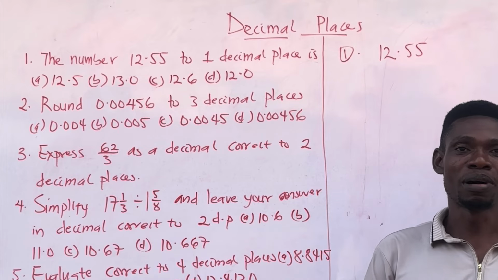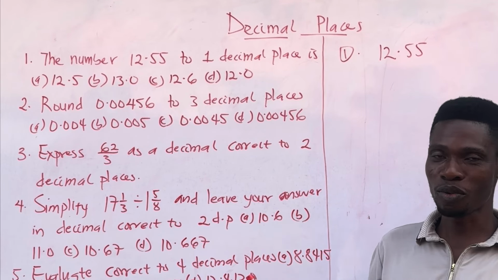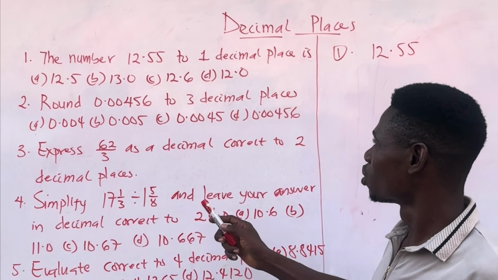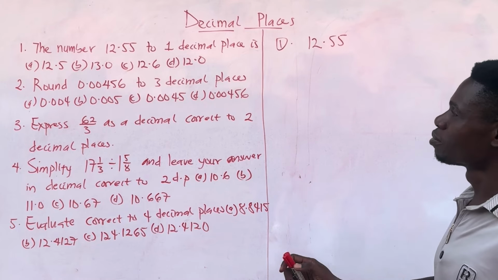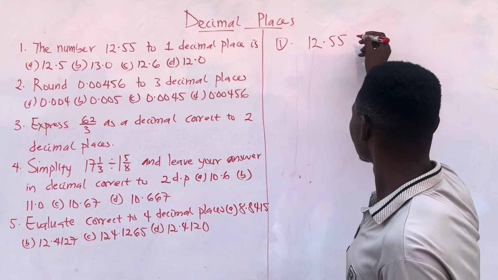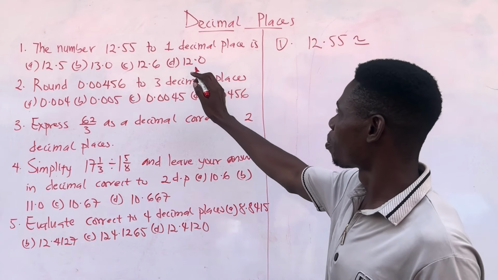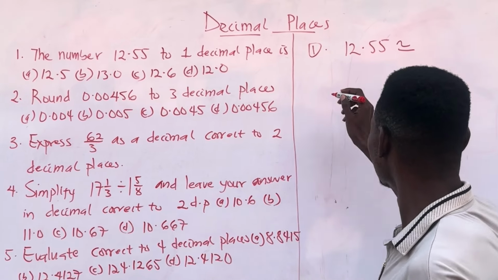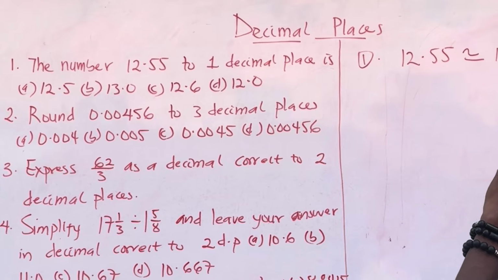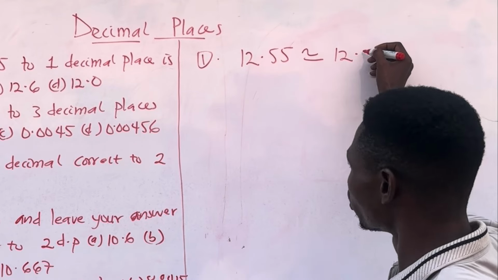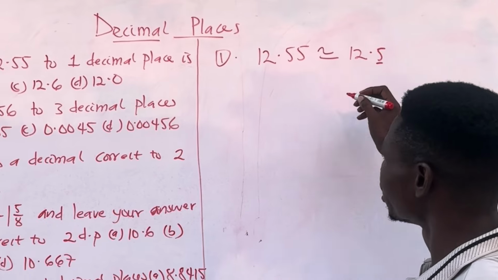In fact, after the decimal point, call them one by one. So this is 12.55, to one decimal place. So one decimal place becomes what? Remember, 12 point. So you only need 1. So it should have been 12.5.